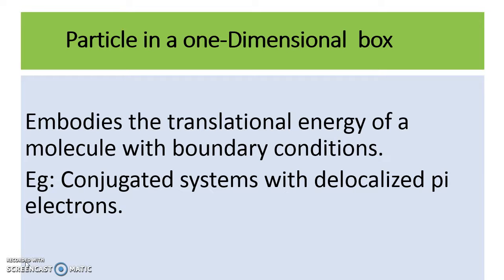wherein we have the pi electron, which is delocalized. The pi electron is able to move from one position to another position, and hence it is said to be delocalized, but without escaping away from the molecule. That's the reason why it is said to be satisfying the boundary conditions.